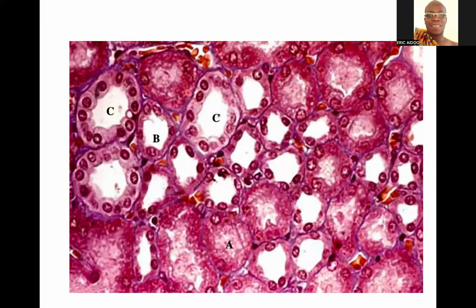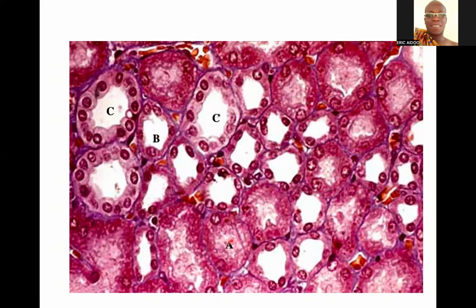So when we look at it in the transverse section too, this is what we see, a larger lumen for C, which is the collecting tubule, with this clear cuboidal nature of lining epithelium. Then you have that of the distal convoluted tubule. And remember, both the collecting tubule and distal convoluted tubule will not have an eosinophilic or stained lumen.